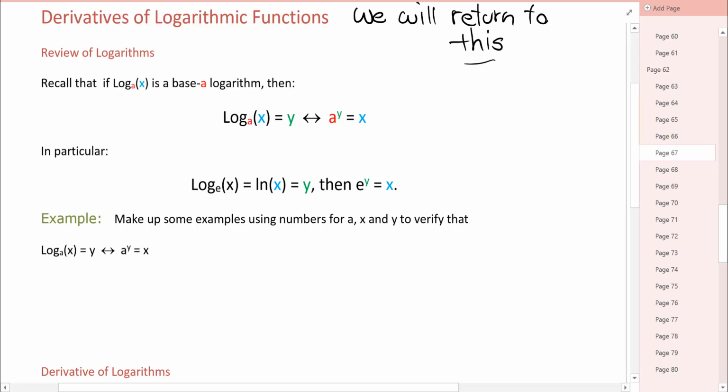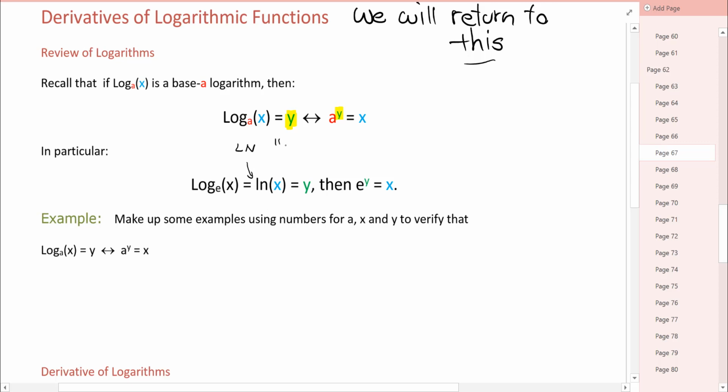Okay, so remember what logarithms are. They're exponents. So this y here, which is equal to log base a of x, is the exponent that you have to raise a to get x. Right? Everybody remember that? And if we've got log base e of x, well, remember that's the one we spell ln. That's an L, not an I, by the way.